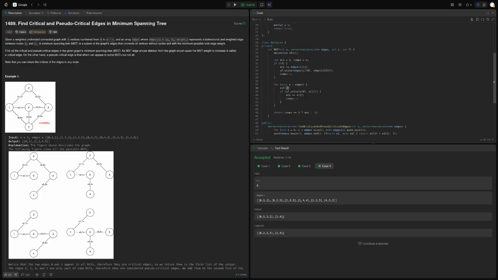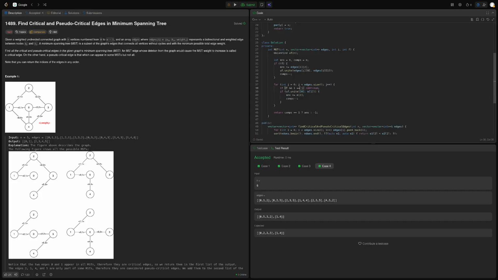Right, and if flag, i plus plus, and let's call it j, I guess. If j equals i, continue, otherwise edges[j].